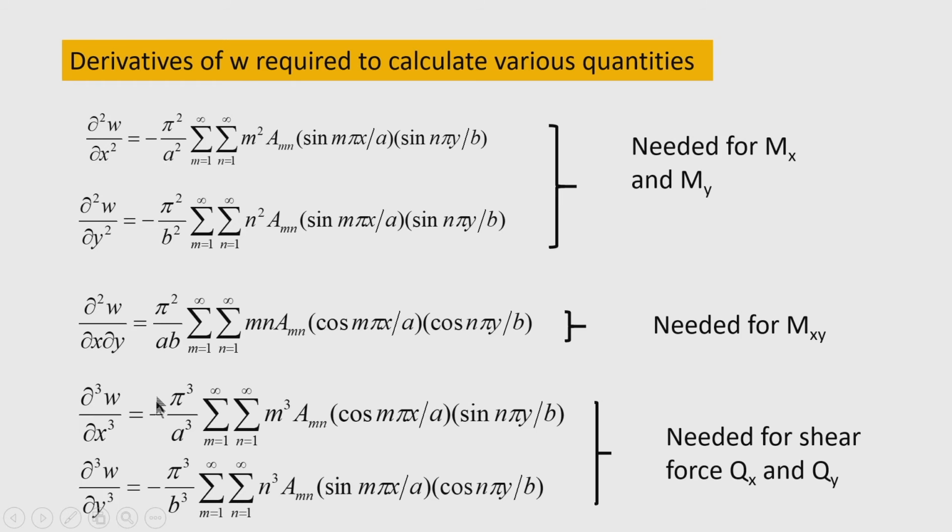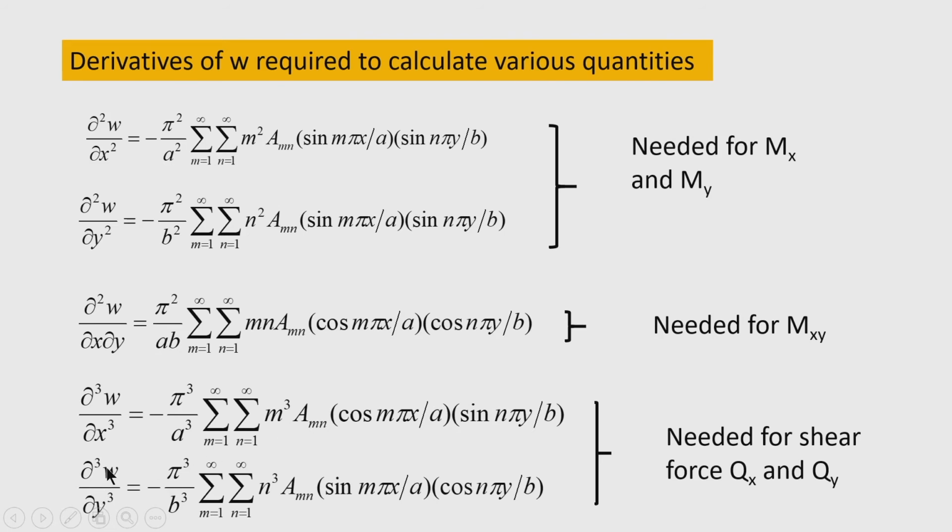Shear force you need to find out. Shear force requires the third derivative. You can see that when this function is differentiated with respect to x, we arrive at the third derivative, del cube W by del x cube, equal to minus pi cube by A cube double sum m cube a m n cos m pi x by A sin n pi y by B. Because the derivative is taken with respect to x, the y term remains untouched.